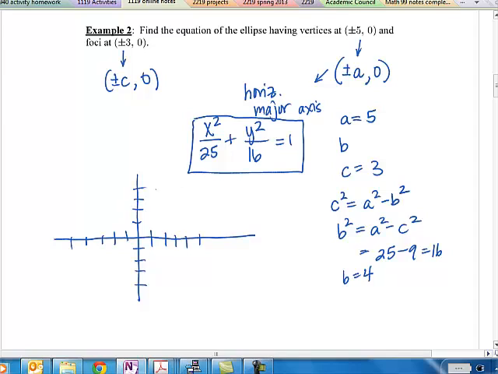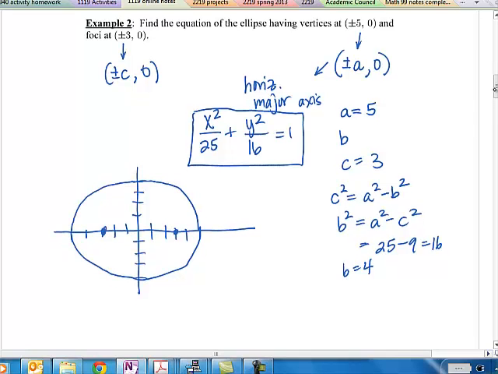So we can get a sketch of this thing. Let's see, and then the foci, we can put on there, 3, 0, and negative 3, 0. And I think that's all they asked for.